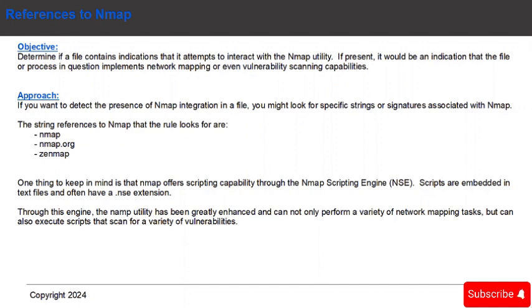When you call that particular .nse file with Nmap, the script will execute. Through this engine, developers and researchers have added a lot of enhancements and capabilities to the Nmap tool. So not only does Nmap do network scanning and mapping activities, but it can now also execute scripts that can scan for vulnerabilities. There's a lot of functionality inside this tool, and a lot of it has been greatly expanded upon by the NSE.